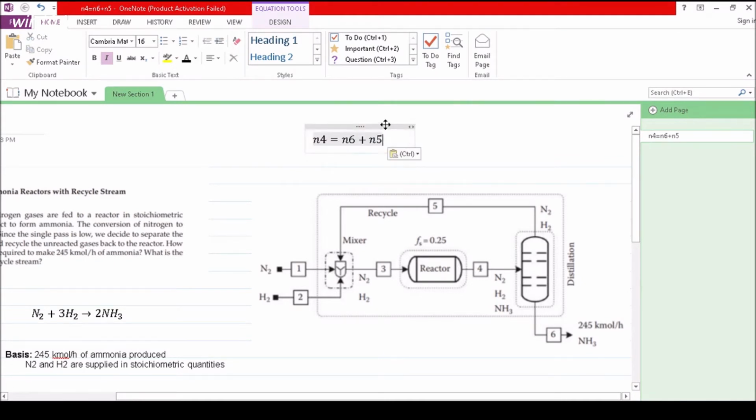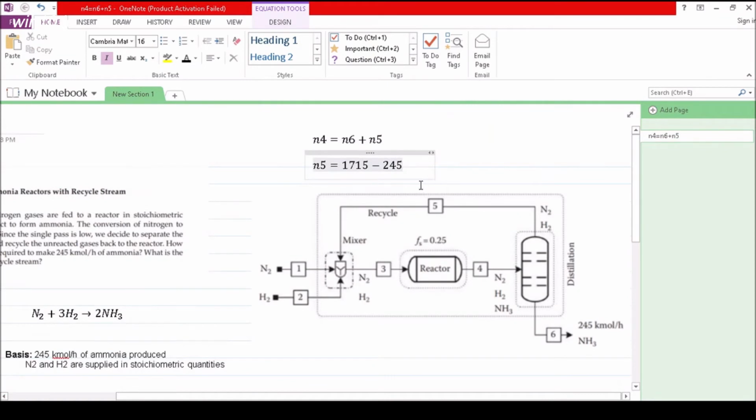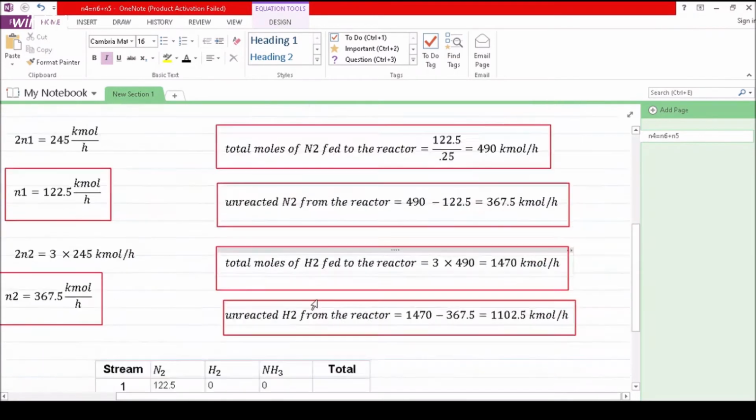So solving for N5, we just need to subtract N6 from N4. 1715 minus 245 gives us 1470, which should just be equal to the value here.